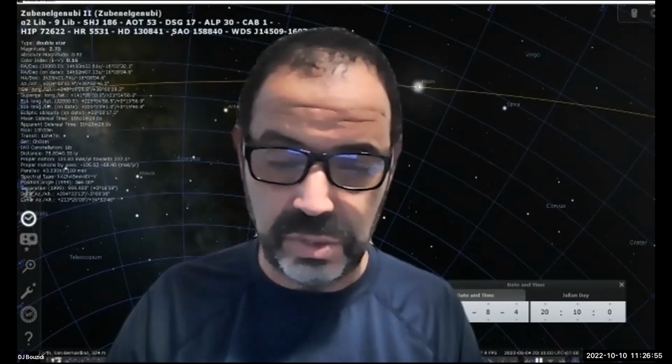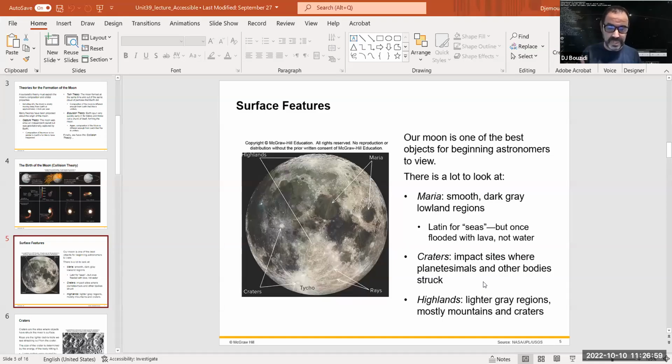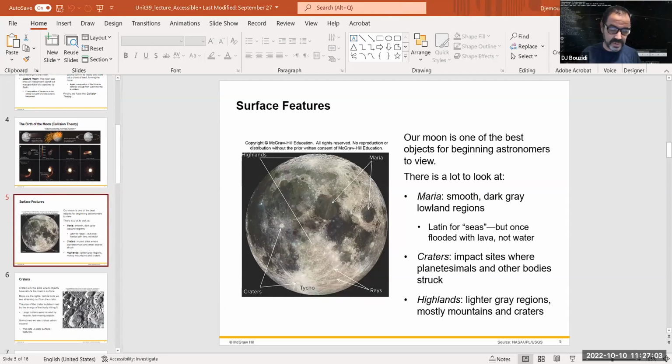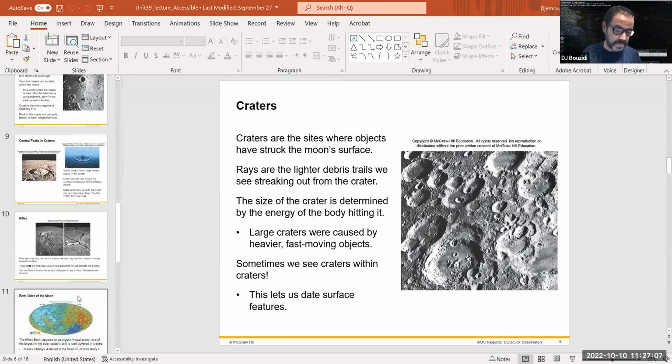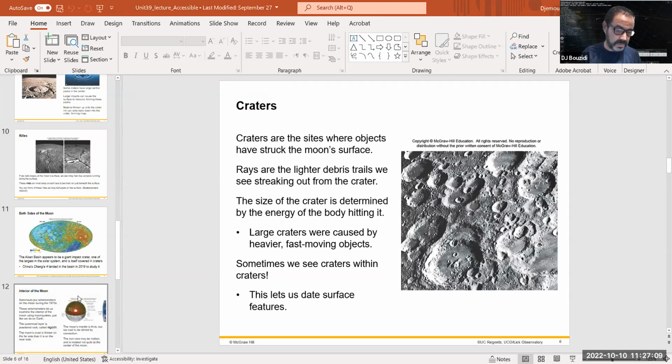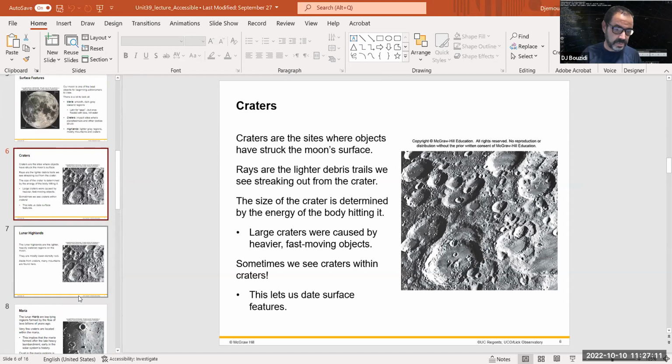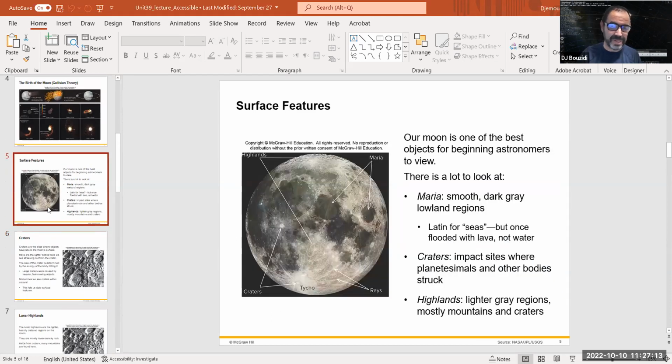As a matter of fact, if you look at the surface of the moon, you will see that one side has these features, and the other side is more heavily cratered than this one. Do I have the other side of the moon? No, it doesn't. But the other side of the moon doesn't have a lot of Marias, which suggests that, because again, the moon is tidally locked with the Earth.